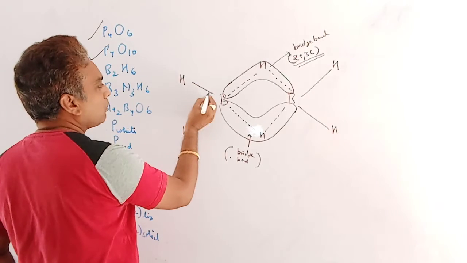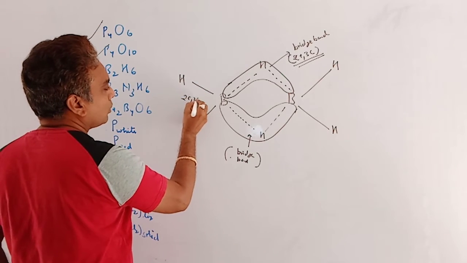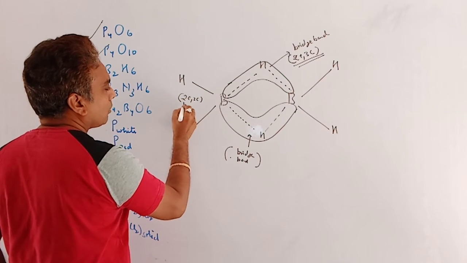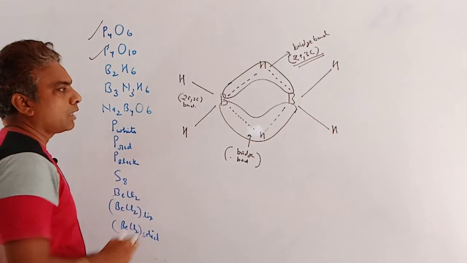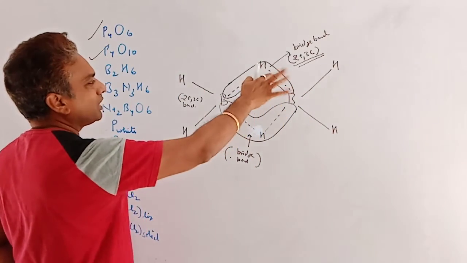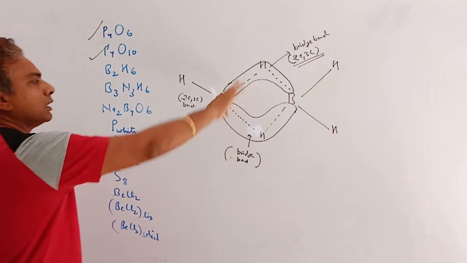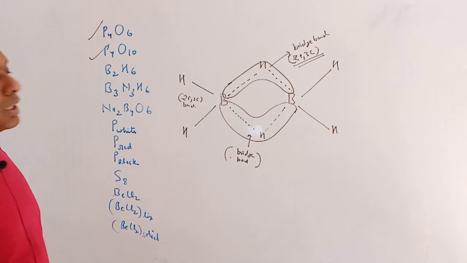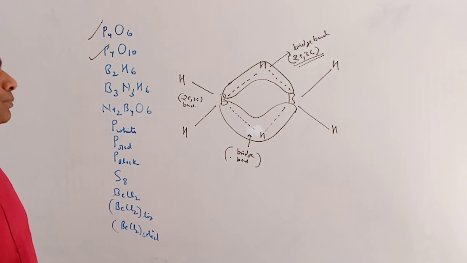These normal covalent bonds are also known as 2E2C, 2-electron 2-center bonds. So we have 4 2E2C, 1, 2, 3, 4, and 2 2E3C, 1 and 2. And these banana bonds are perpendicular to the plane of the molecule. Clear?